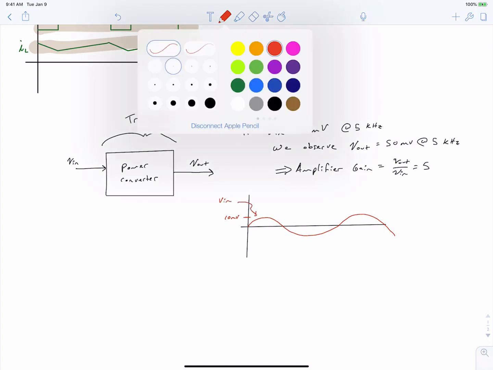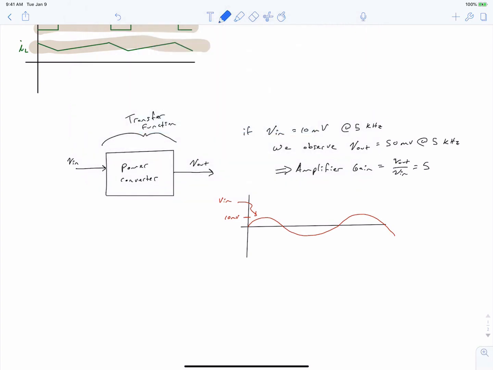And we could graph Vout on here, but we're missing a key piece of information. We know that Vout is also a sinusoid at 5 kilohertz, but we haven't specified what phase it is relative to Vin. So perhaps this transfer function had a gain of 5, but a phase delay of, let's say, 45 degrees. So in that case, we're going to see Vout being a sinusoid that looks something like this, that's amplified and phase shifted in time from Vin.